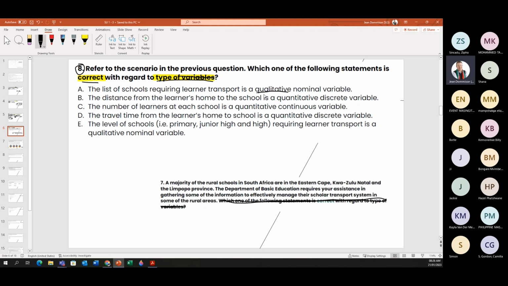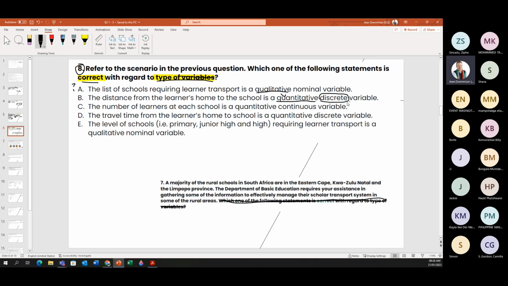Okay, so let's mark that. The distance from the learner's home to the school, quantitative, correct. Discrete variable. Okay, so what would you have said in this instance?